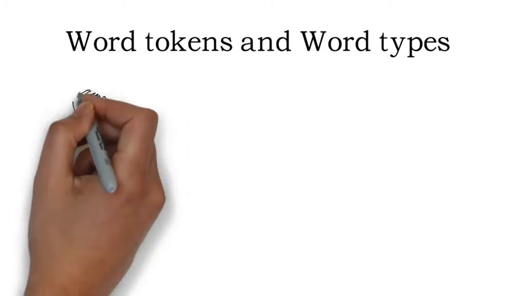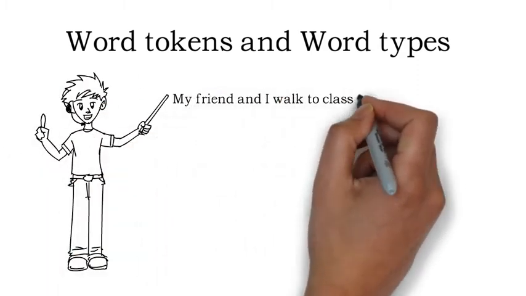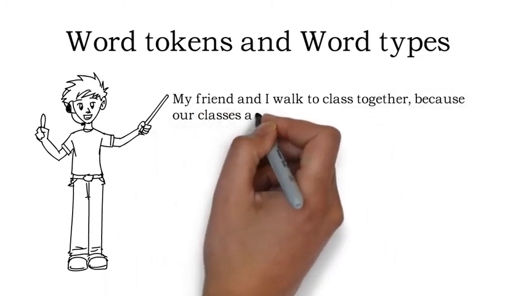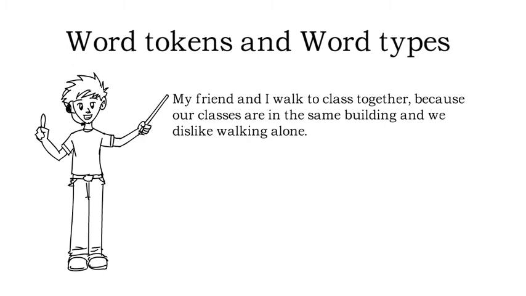Example: how many words occur in the following sentence? My friend and I walk to class together because our classes are in the same building and we dislike walking alone. You might have thought of at least two ways of answering this question, and maybe more. On the one hand, you may have counted every item individually, in which case your answer would have been 21.